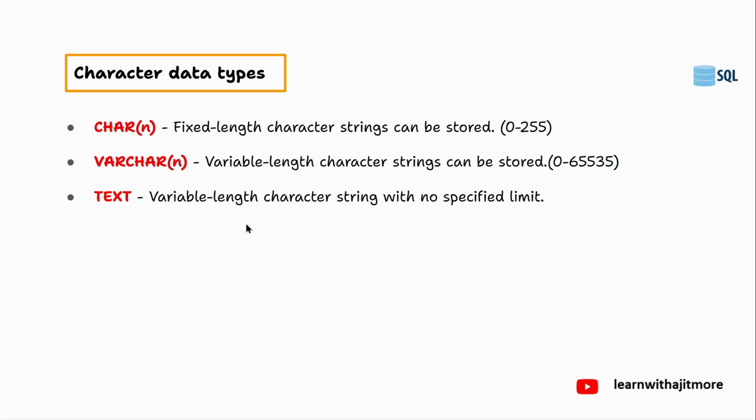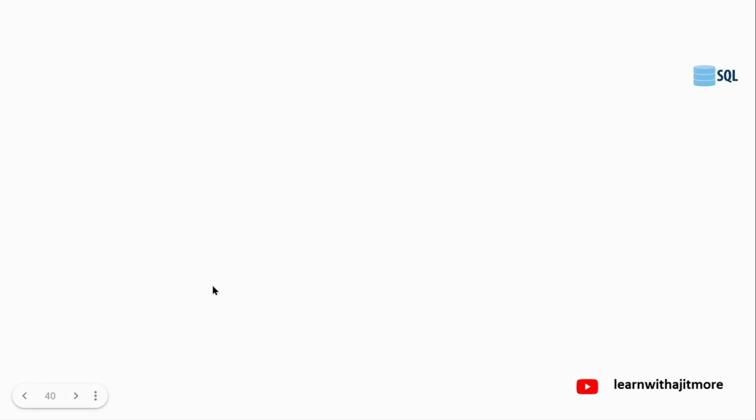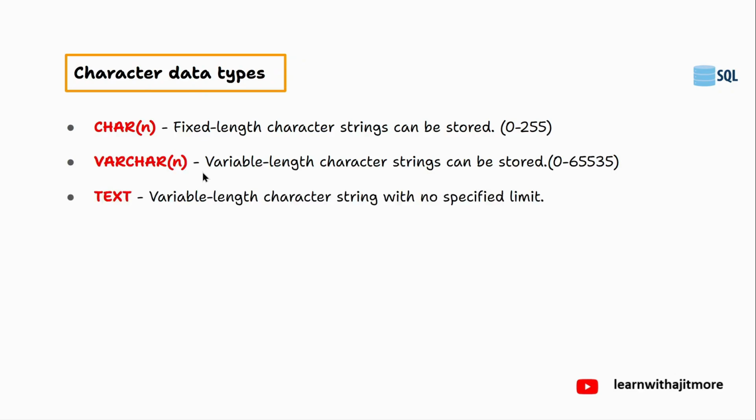We say no because if there will be very large data, go for text. MySQL has also kept some limit, but it is such a big capacity that generally we don't go till that size. Okay? So I hope the character data type is also clear.